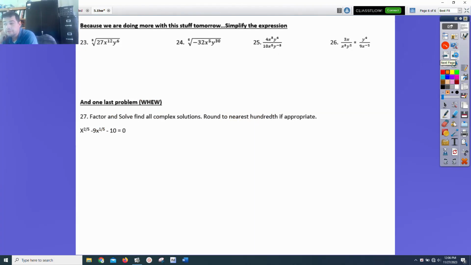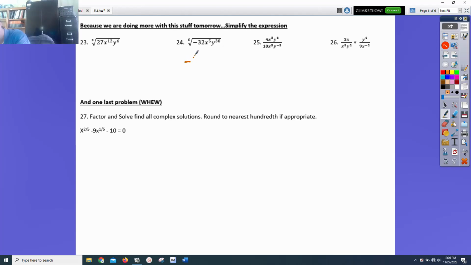It's going to be number 24. This stuff is pretty easy. Simplify it. It's all about how many times this number enters that number. Now, the fifth root of negative 32 is negative 2, because negative 2 times negative 2 times negative 2 times negative 2 times negative 2 is negative 32.